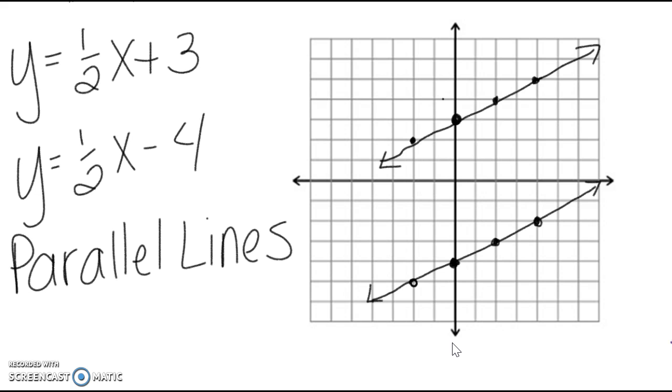So you can pick any y-intercept that you wanted to. So if I asked you to write me a third equation that would be parallel to these two lines, you think of your own y-intercept. So it could be y equals 1/2 x plus or minus just about anything you could think of besides 3 and -4.